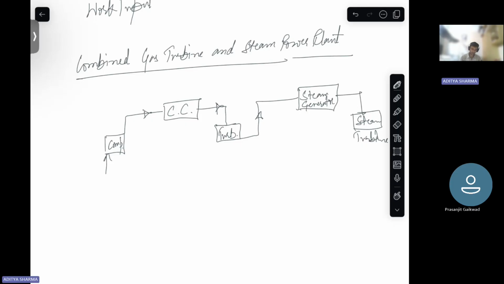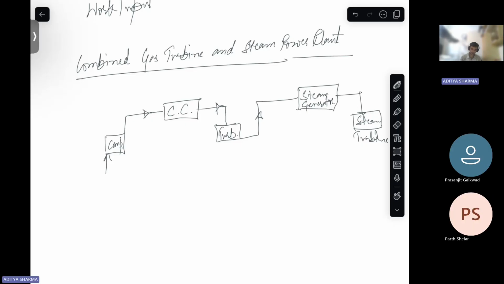Professor Vinayak has also shown some gear arrangement here, so that is also one aspect of it. But basically, the output working fluid from the turbine still has energy left in it. This energy can be used to generate steam.